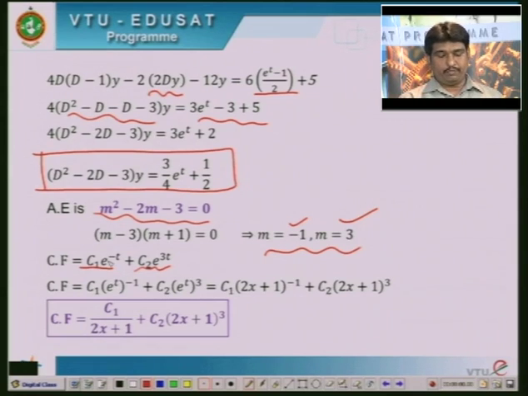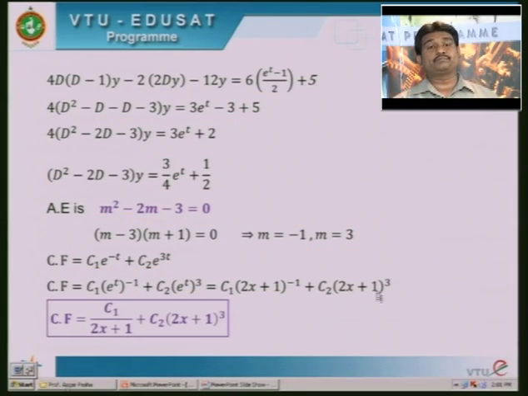Now write e^(−t) as (e^t)^(−1), e^(3t) as (e^t)³, and substitute e^t as 2x+1 to get CF in this form: CF is C1/(2x+1) + C2(2x+1)³.